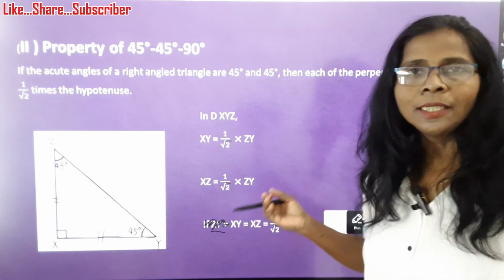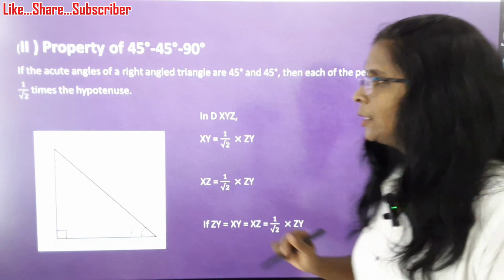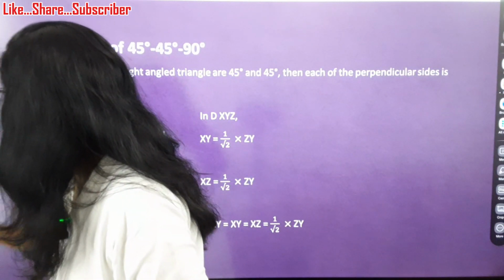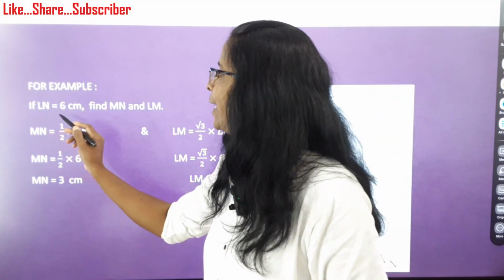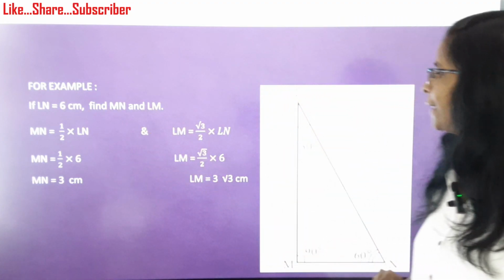Let us see, on the basis of these properties, one example. For example, if LN is equal to 6 centimeter, find MN and LM.